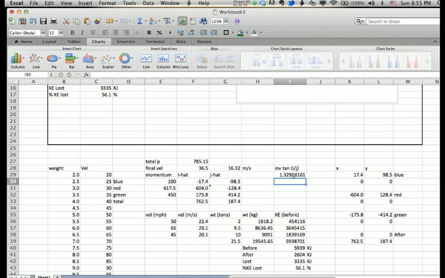Now that's in radians. So underneath it, I'll do equals degrees of that. And so I get 76.1943 degrees.